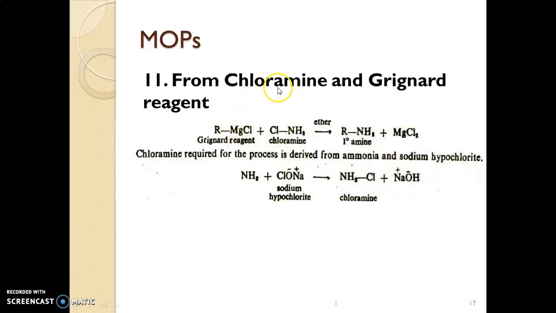So simple reaction of treatment of chloramine with Grignard reagent in the presence of ether produces RNH2. This R is from the Grignard reagent and NH2 from this chloramine, along with the remaining MgX and this Cl produces MgXCl.